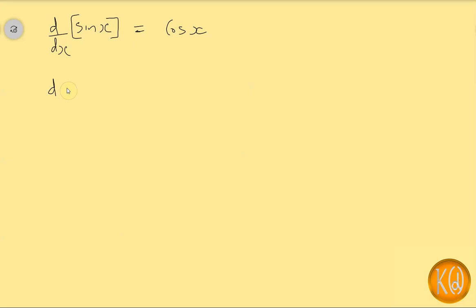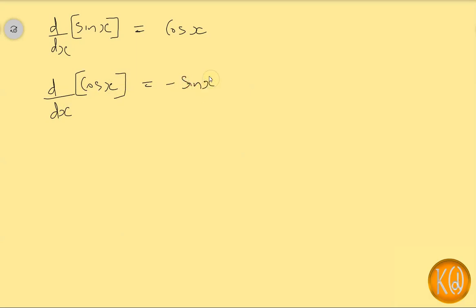If you differentiate cosine, that gives you negative sine x.